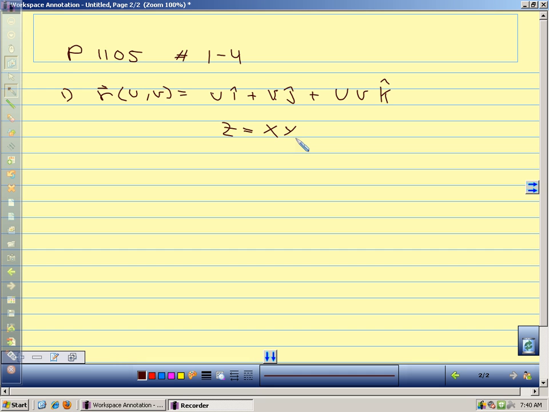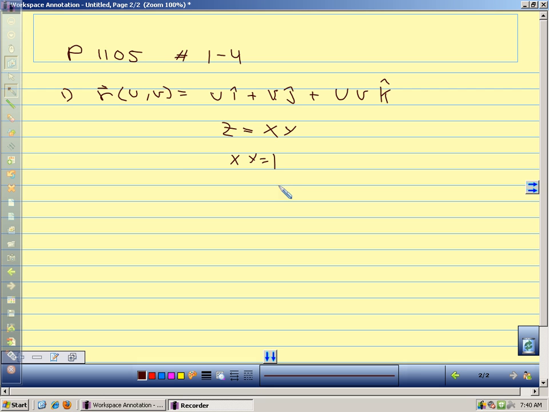Scotty's saying C. What if z is a constant? If z is 1, xy equals 1 in the xy plane. What kind of curve is that? Andrew says 1 over x.